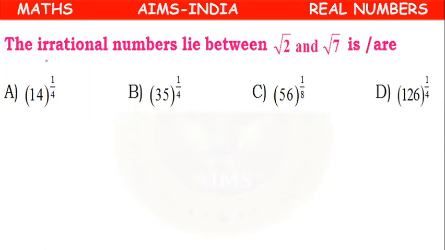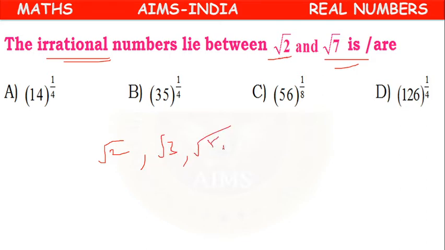So next. The irrational number that lies between root 2 and root 7 is R. So actually we know that between root 2 and root 7, root 2 is an irrational number, root 3 is an irrational number, root 5 is an irrational number, root 6 also an irrational number, root 7.